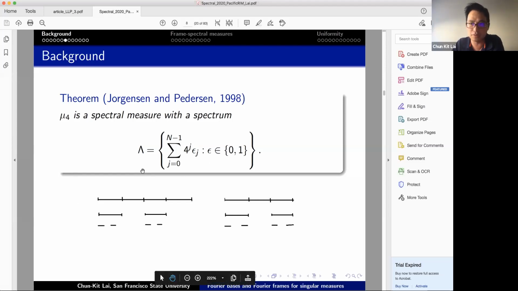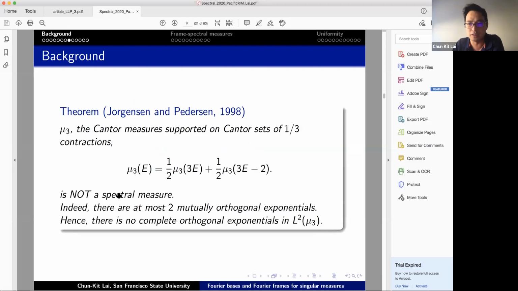This is a spectral measure, and one may ask, how about the middle third? Is it a spectral measure? In the same paper, they found that the middle third one is not a spectral measure, so indeed, they are very far away from orthogonal. If you try to count how many orthogonal exponentials they have, there are only 2. That means you have at most 2 mutually orthogonal exponentials.